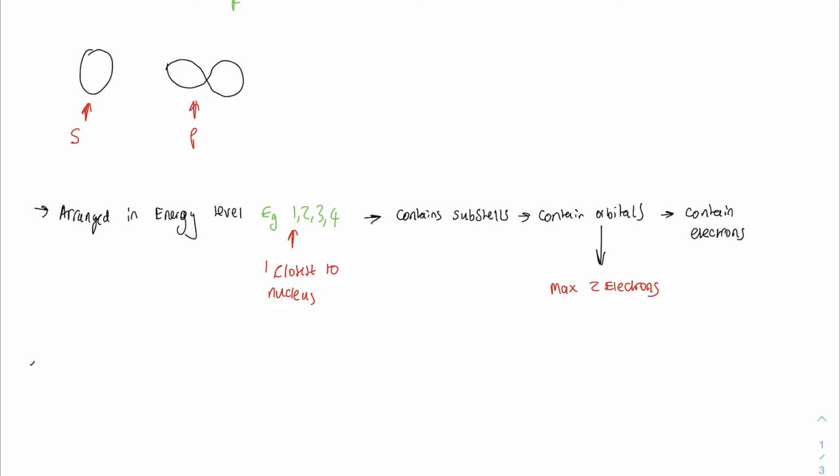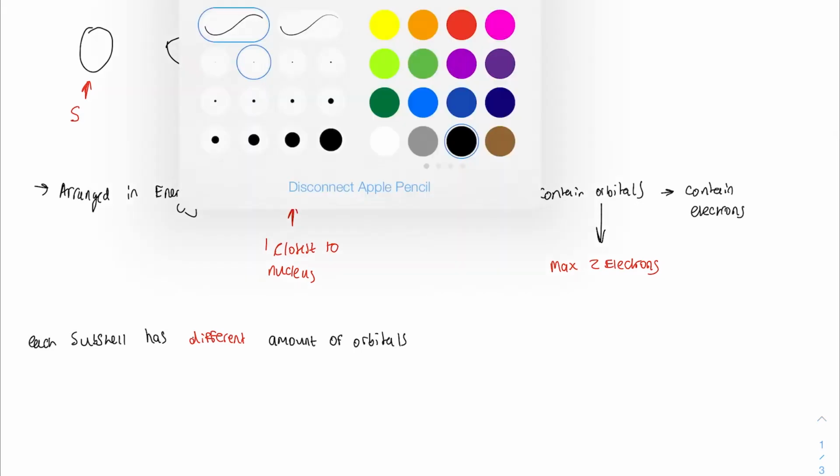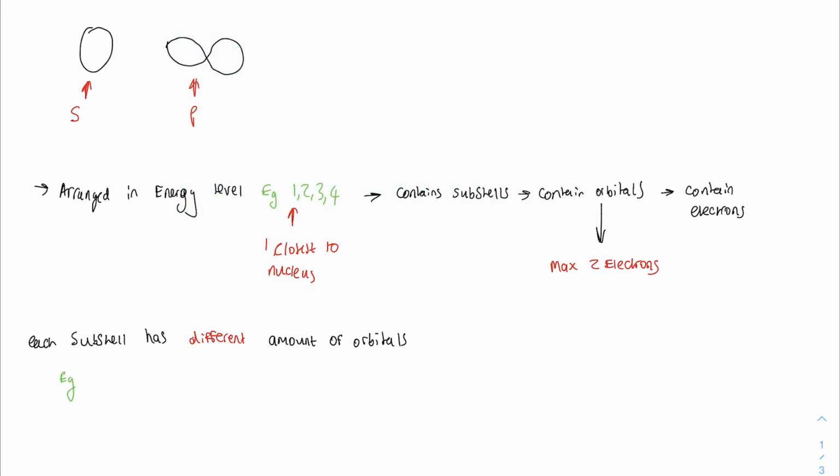So for example, an S subshell holds 1 orbital.